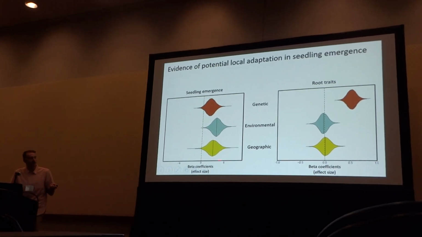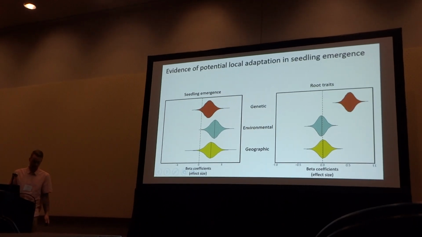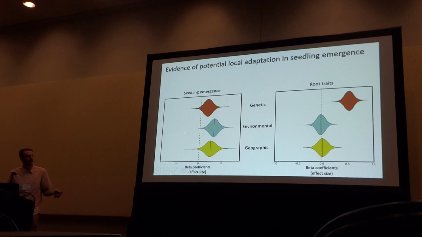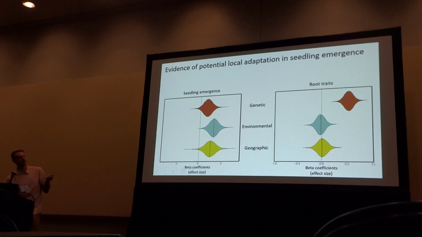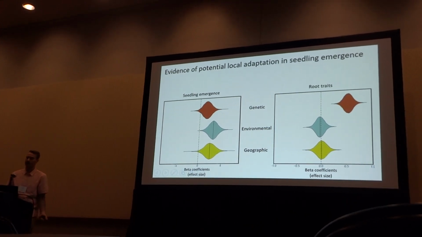By including geography as a covariate in this model, it removes any neutral population effects, maybe, and there might be some G by E interaction here that is indicative of an adaptive response in seedling emergence. And obviously here it just means that there are population-based genetic differences in root trait variation.